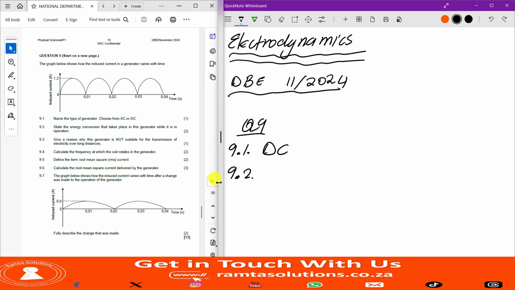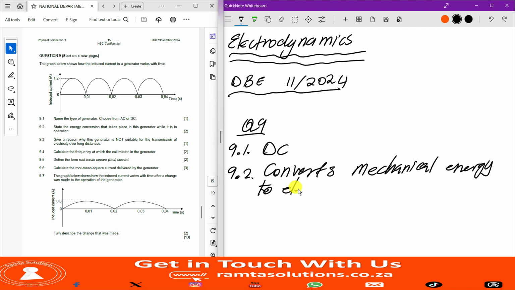Proceeding. State the energy conversion that takes place in this generator while it is in motion. A generator converts mechanical energy to electrical energy.